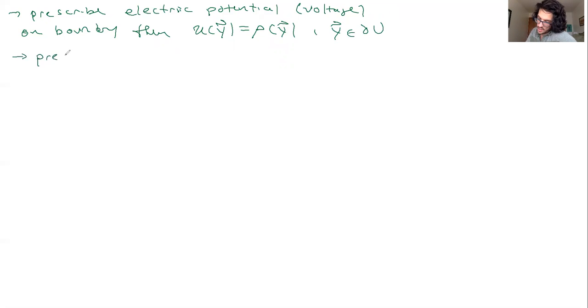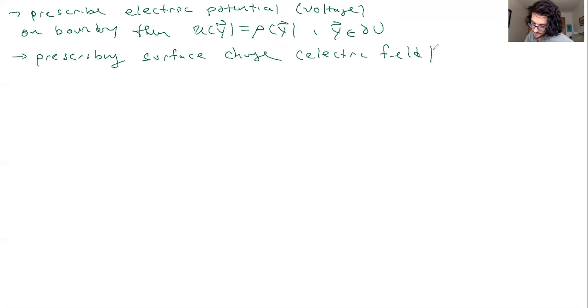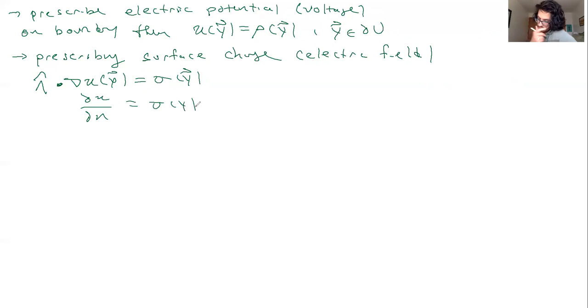On the other hand, we could prescribe some surface charge, or electric field, on the boundary. In that case, it would be the unit normal dotted with the gradient of u of y is equal to something called sigma of y. We'd also call this the normal derivative equal to sigma of y.